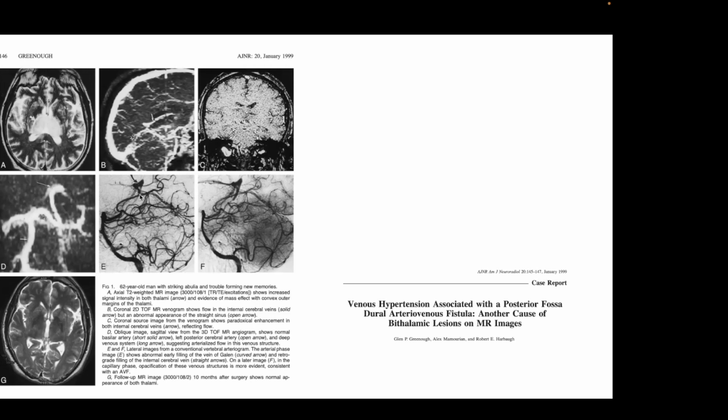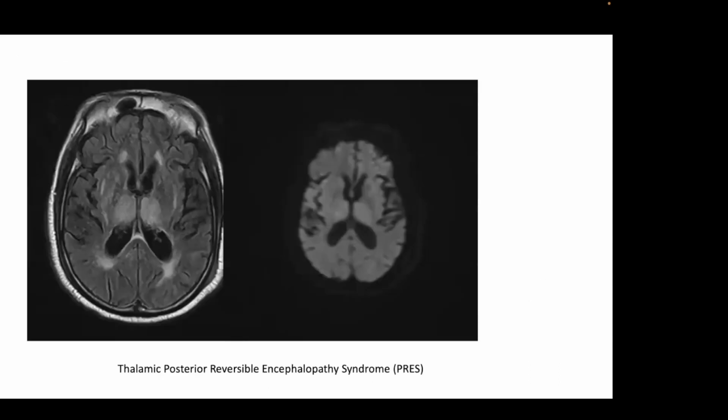This was from a dural fistula. This is what the patient looked like after surgery and occlusion of the fistula with resolution of the venous hypertension. So again, be thoughtful in patients with bilateral thalamic disease of the possibility of a venous cause.